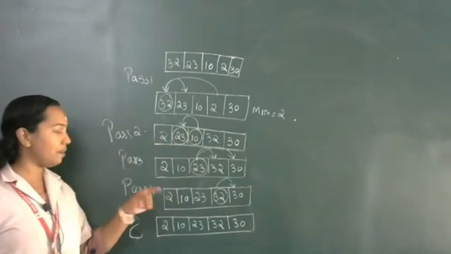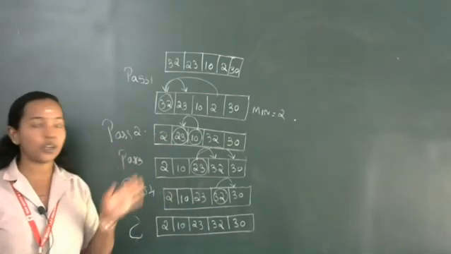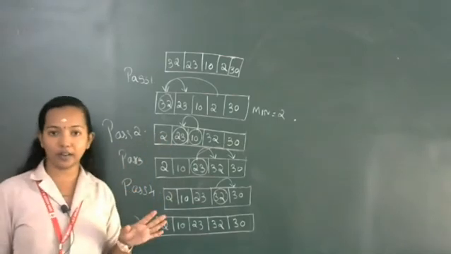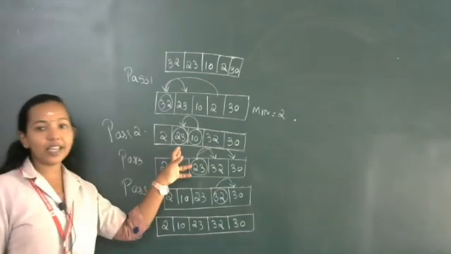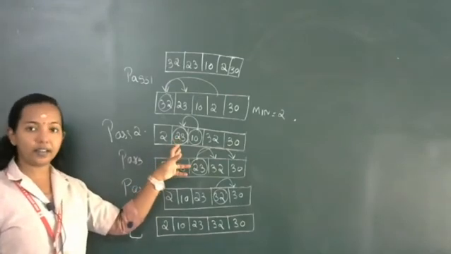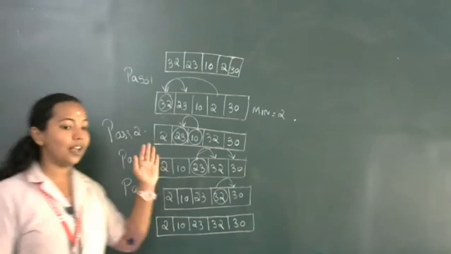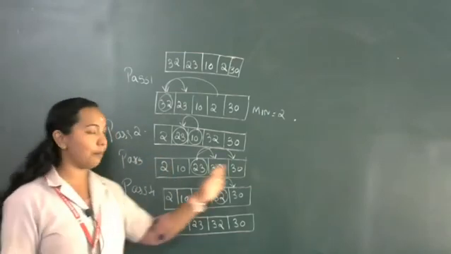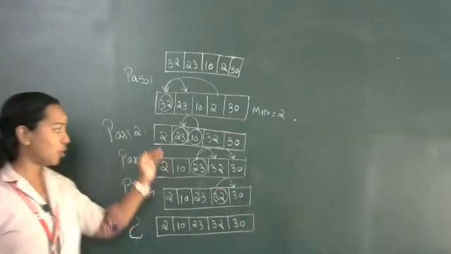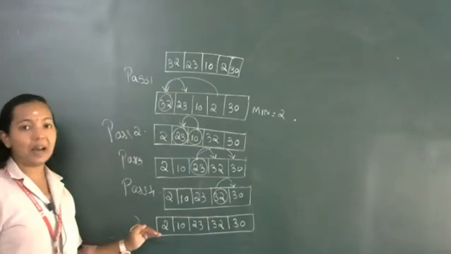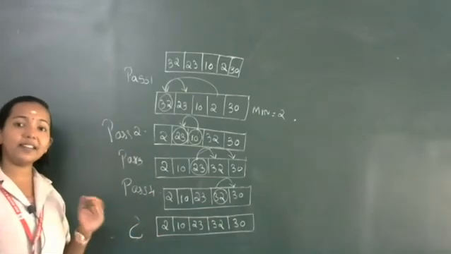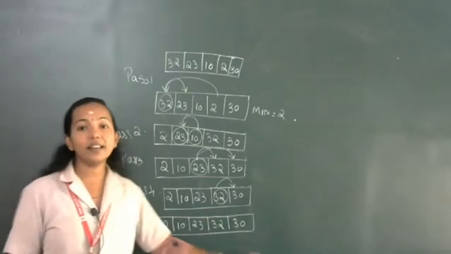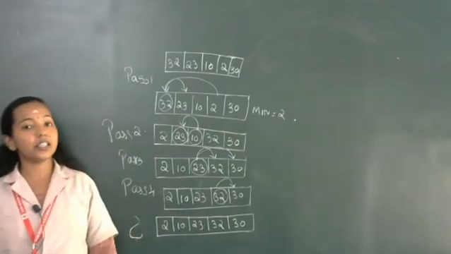In the second pass, the first location is already sorted, so we will start with the second location. What is it? 23. 23 is assumed as the smallest element and it is compared with the other elements. After the n minus 1 passes, we will get the final array in sorted order.